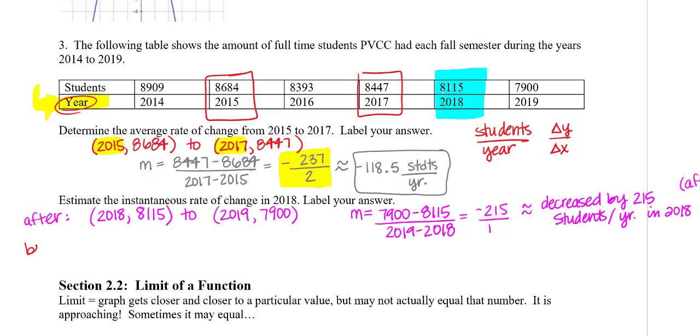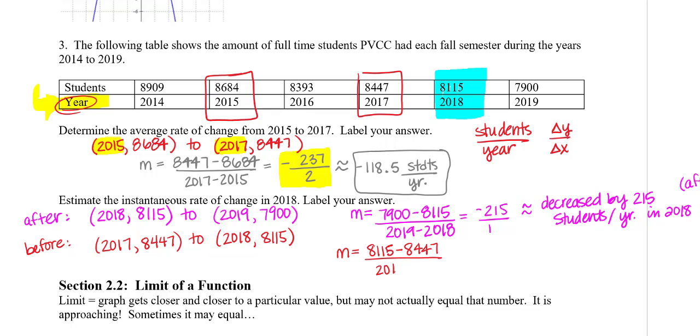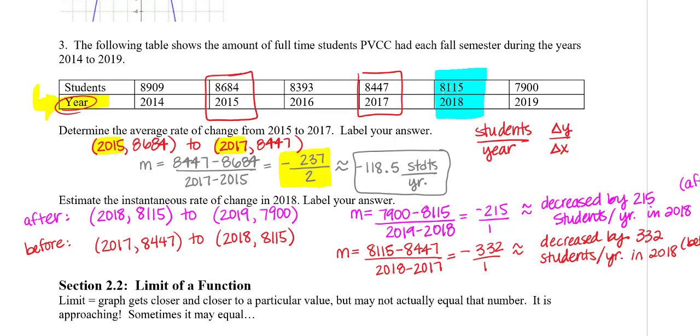So let's take a look at what happened the year before 2018. So let's go 2017, which I had 8,447 students, to then 2018, where I had the 8,115. And let's find the slope or average rate of change between these 2 years. So 8,115 minus 8,447, over 2018 minus 2017, and let's do the calculation there.